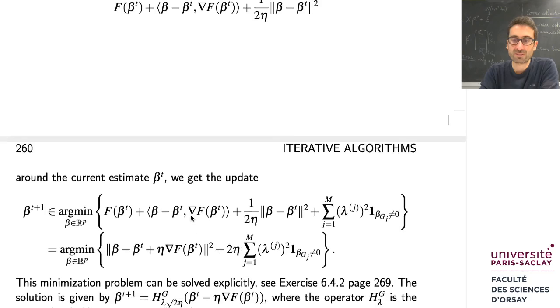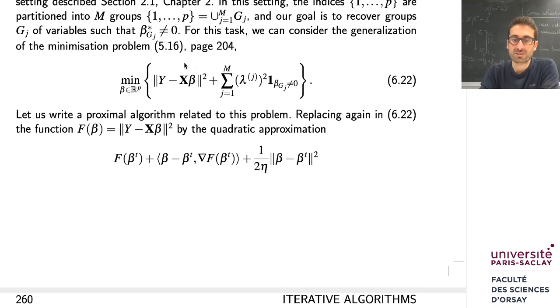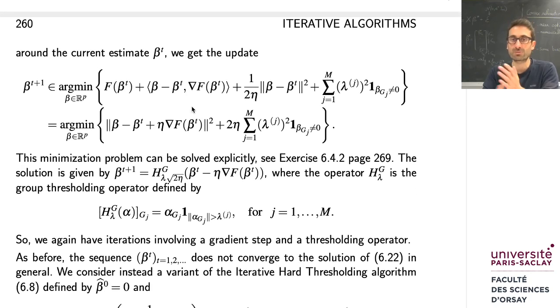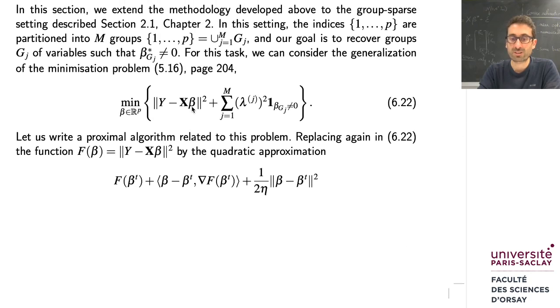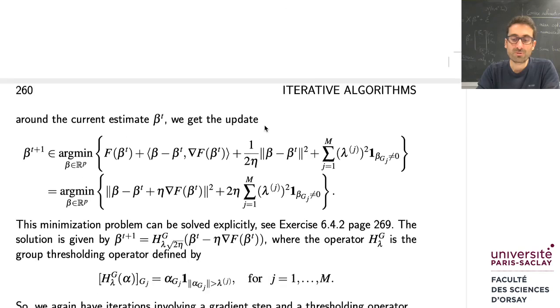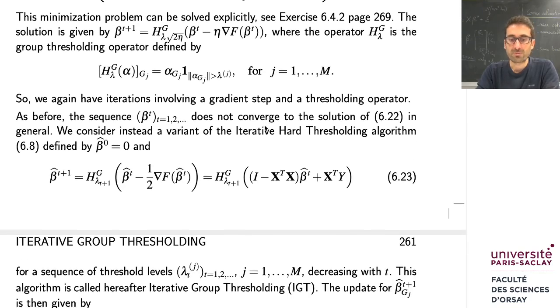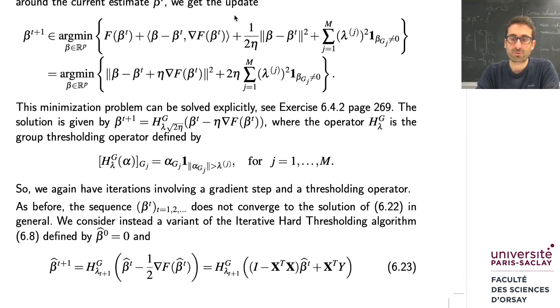And for the same reason as before, as this minimization problem is not convex, we have no idea of what these iterations are doing. We do not know if they converge to anything. And in particular, in general, it will not converge to the solution of this minimization problem. So we'll do the same thing as before. We will choose eta equal to 1/2, so that here we will have 1.